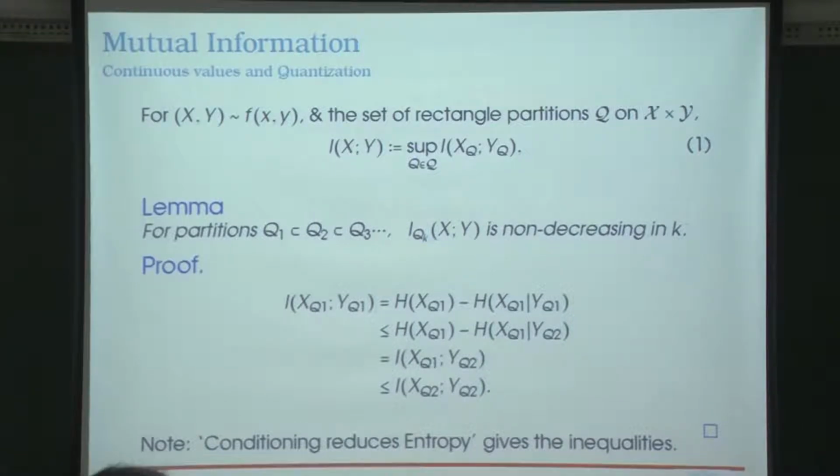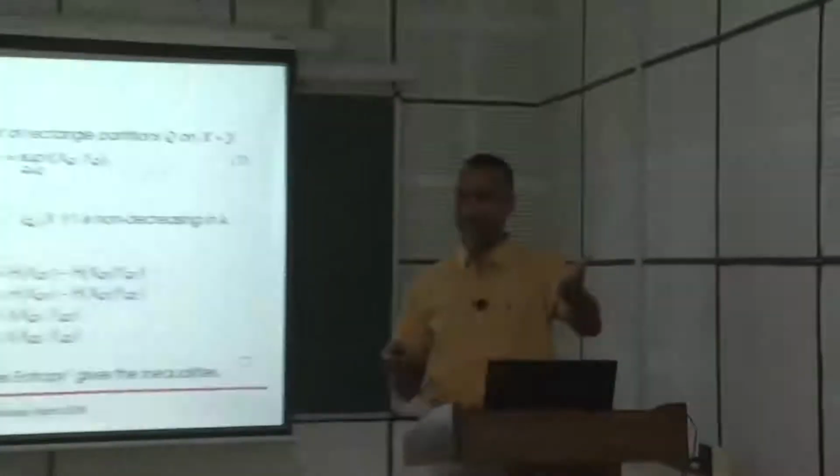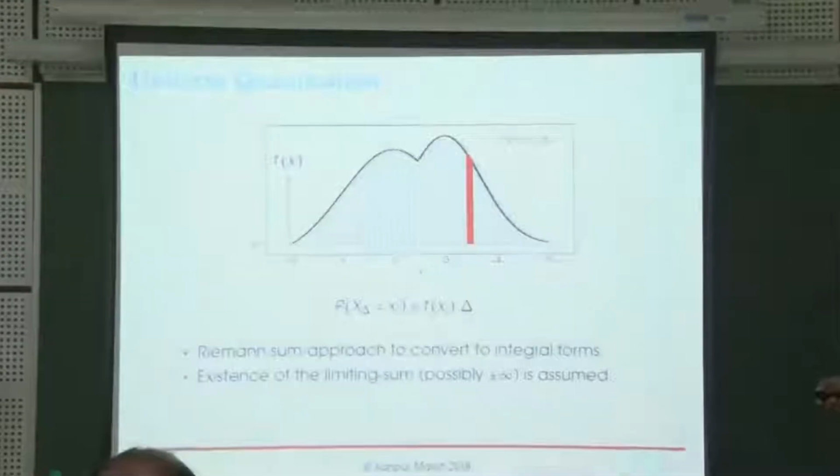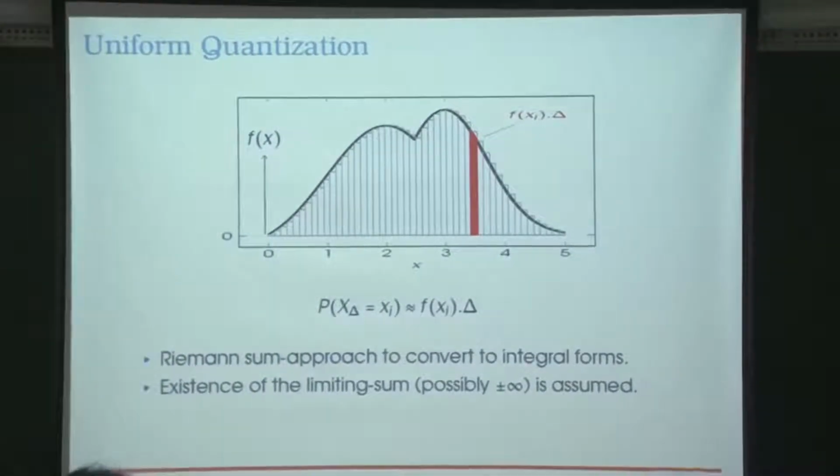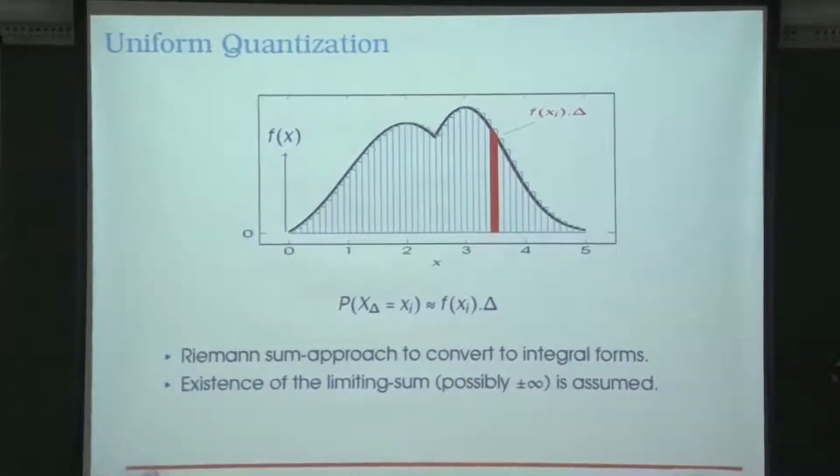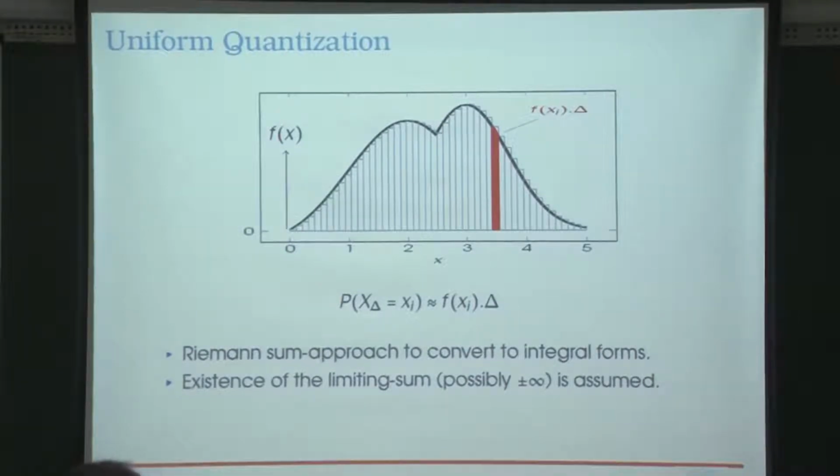So, we can do a very uniform quantization, the so called Riemann's idea of the thing. We will just do uniform quantization, because by going finer and finer we can reach as close to the original as possible. So, essentially it is Riemann's idea. You want to compute I(X;Y) or H(X_Q) etc. for various quantizations. So, x for example has a density function that I have drawn here. This is a uniform quantization, delta quantization.